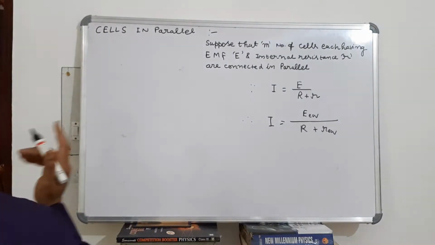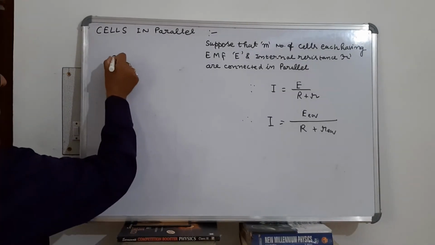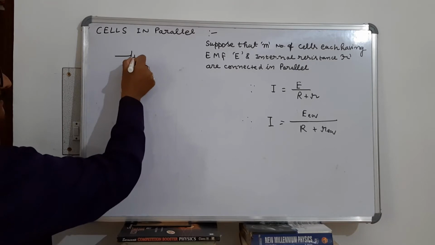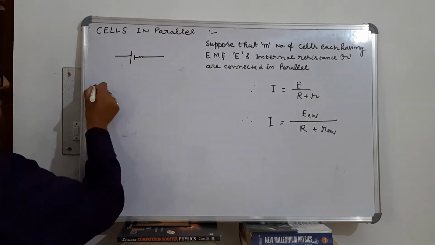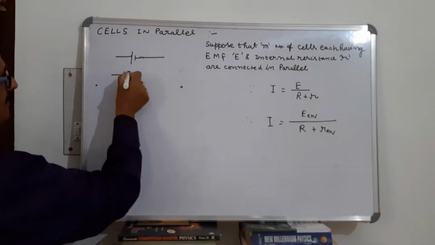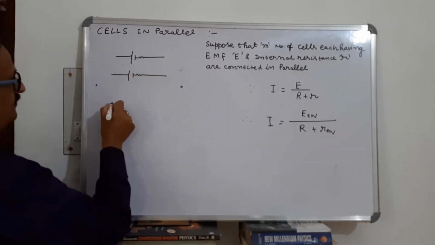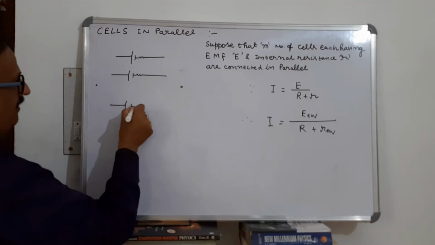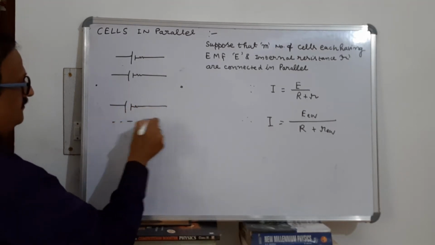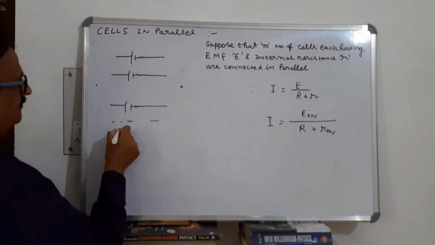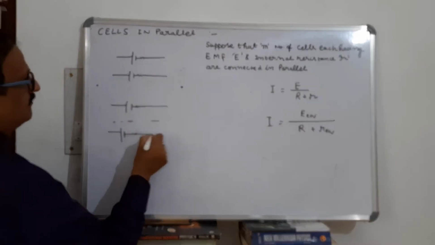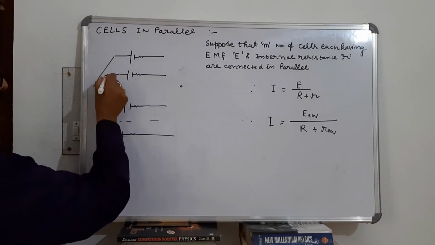Now cells in parallel. Suppose that n number of cells, each of EMF E and internal resistance r are connected in parallel. All cells are connected in parallel.